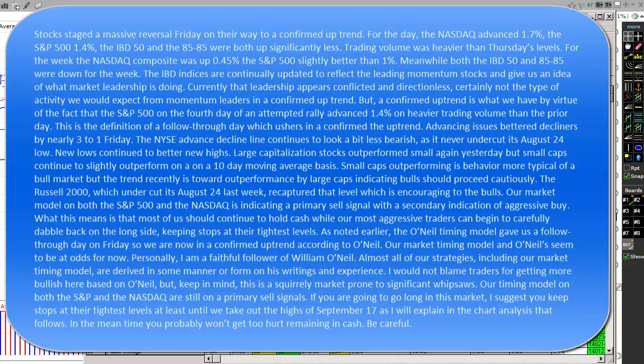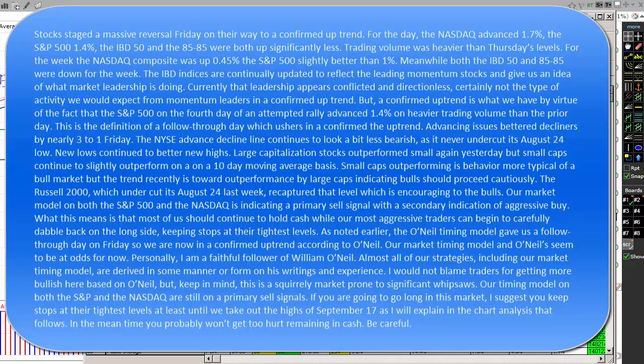Advancing issues bettered decliners by 3-1 Friday. The New York Stock Exchange advance-decline line continues to look a bit less bearish, as it never undercut its August 24th low. New lows continued to better new highs. Large capitalization stocks outperformed small again yesterday, but small caps continued to slightly outperform on a 10-day moving average basis.